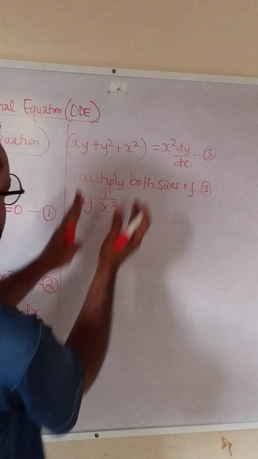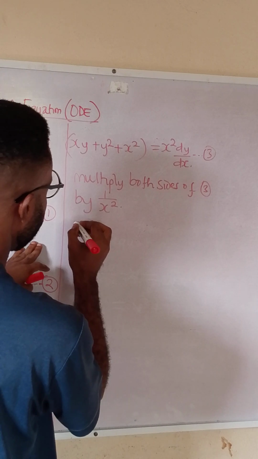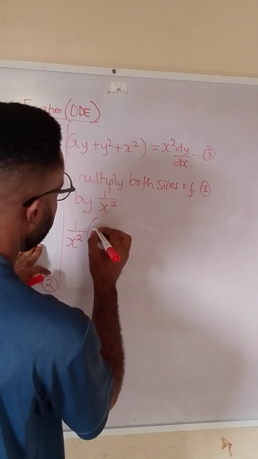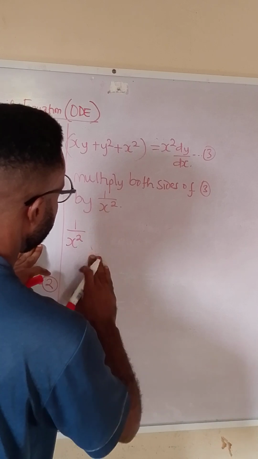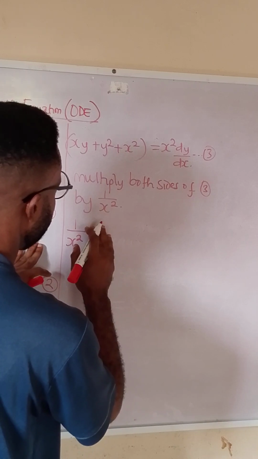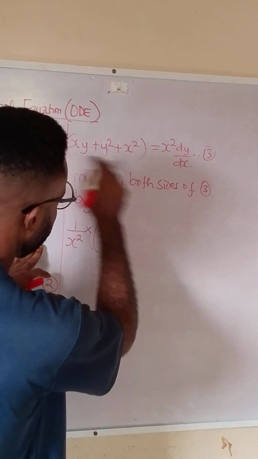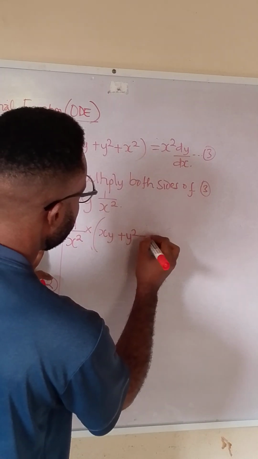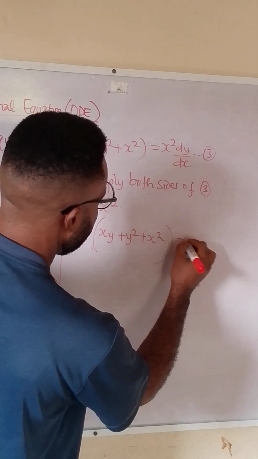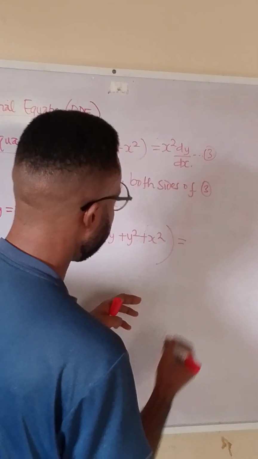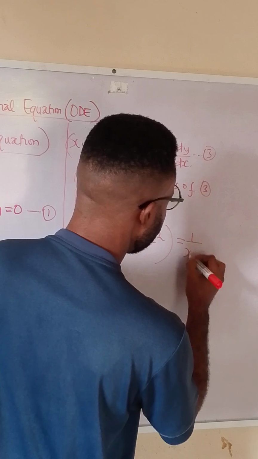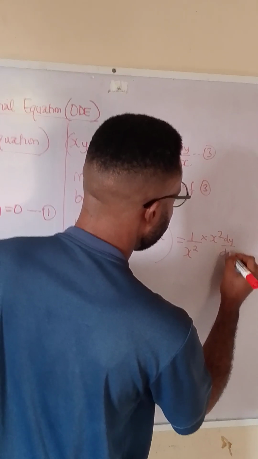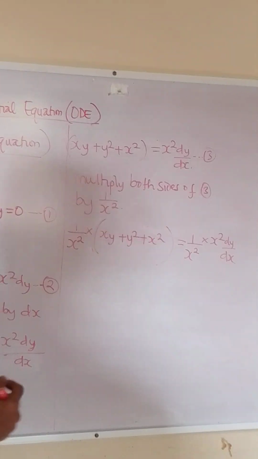If we do that, on the left hand side we are going to have 1 over x squared times (xy + y squared + x squared), equal to, on the right hand side, 1 over x squared times x squared dy/dx.